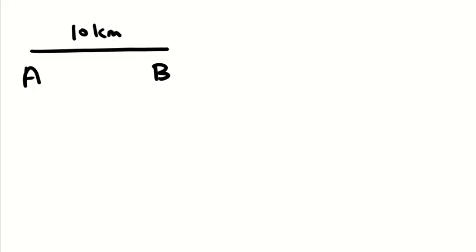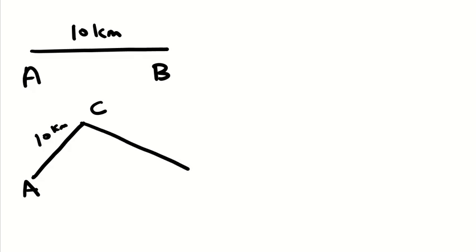Now let me show you some examples to tell how distance works. For example, this is A to B, and here the total distance traveled is 10. Similarly, in another case, the person goes from A to point C, which is a distance of 10 kilometer.